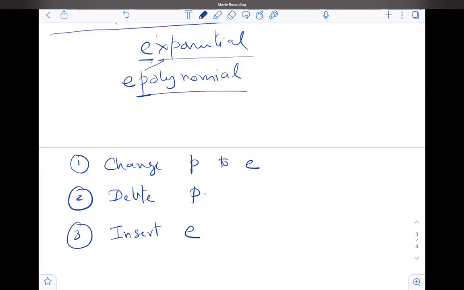And in that case, I should not be looking at this part any longer. I should change polynomial to exponential without the E. So these are the three things that you can do. This gives us all the three steps that we have to consider.